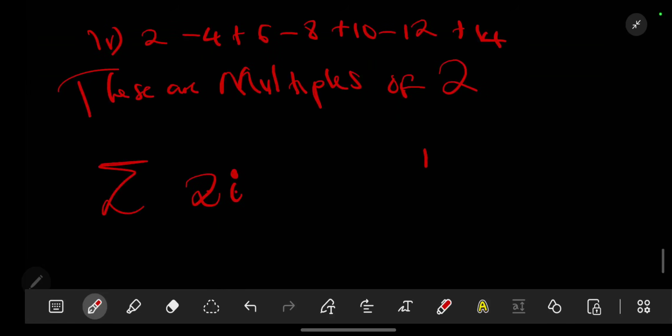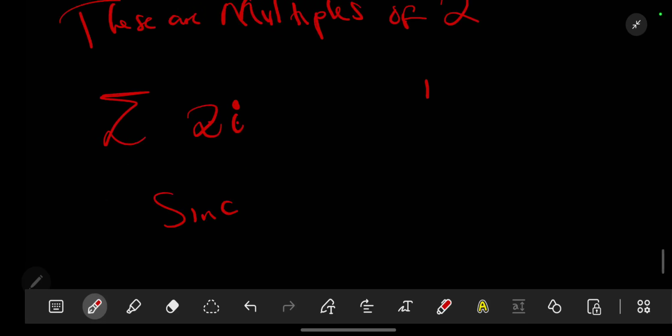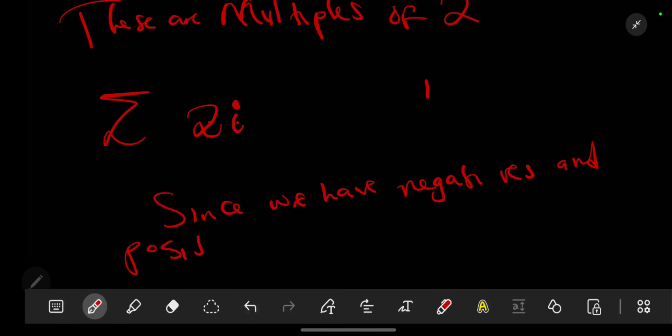But what are you going to do? Knowing fully that we have negatives and positives, we need a changing -1.